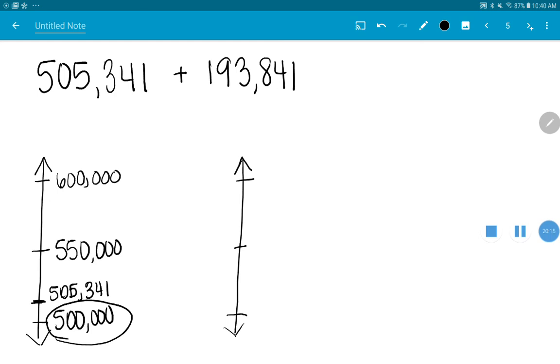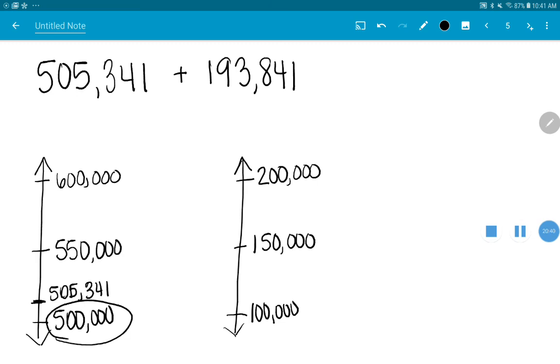How about 193,841? If I round that to the nearest 100,000, there's 100,000. What's 100,000 more? 200,000. And halfway in between is 150,000.